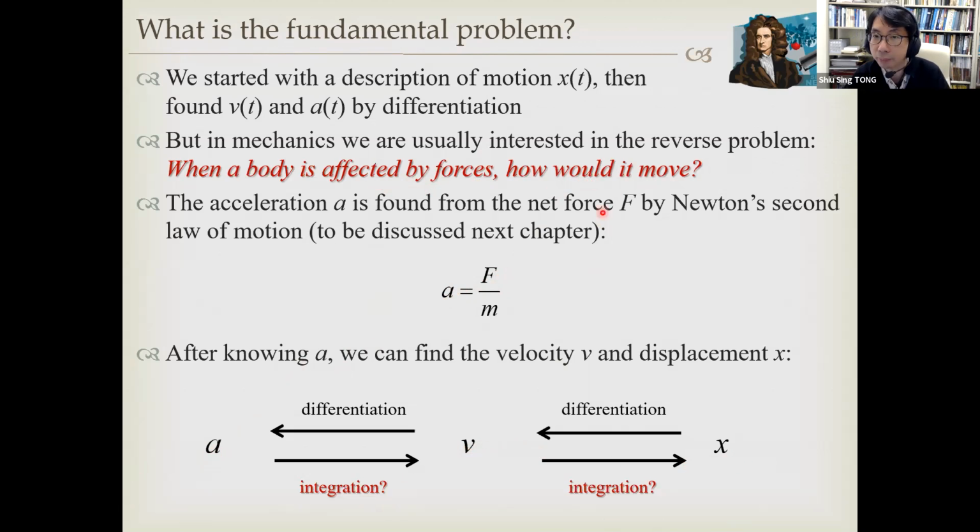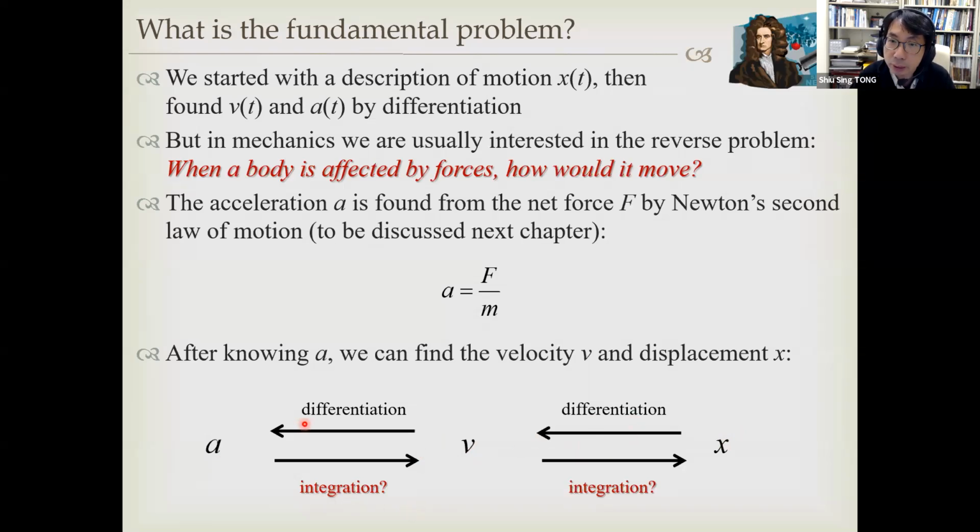That is the fundamental task of all mechanics problems. We are given the force and therefore the acceleration, and from the acceleration, we want to find the position and the velocity of the object as a function of time. Okay?